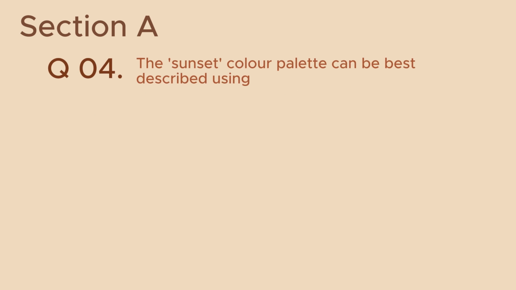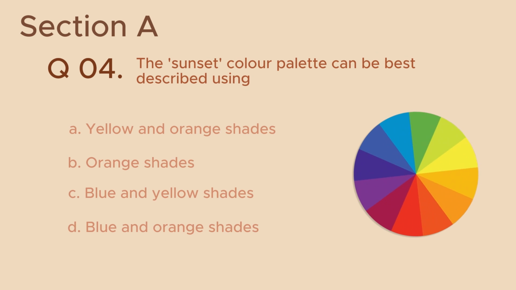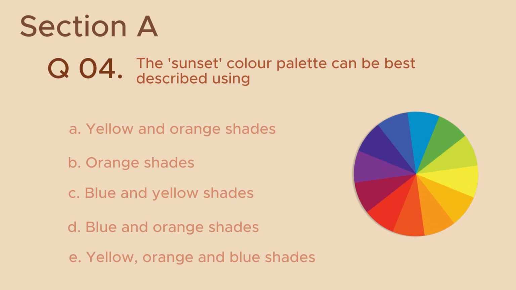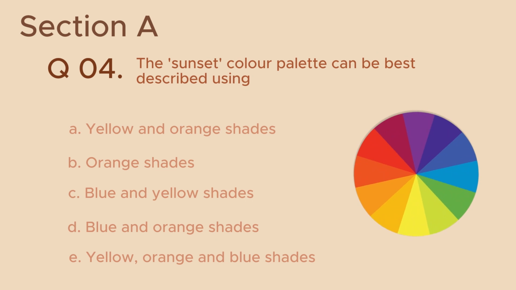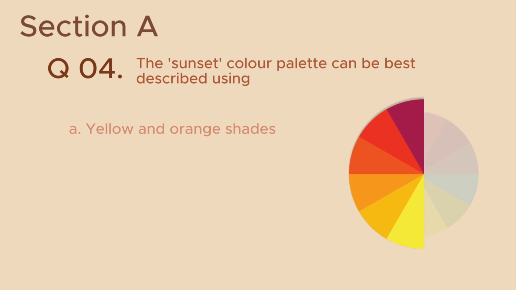The set of questions that are shown on the screen are given to evaluate the student's basic understanding of color and color theory. The question asks, for what color palette can best describe the sunset? During a sunset, the colors that are predominantly visible are warm colors. So the answer should include a set of warm colors.